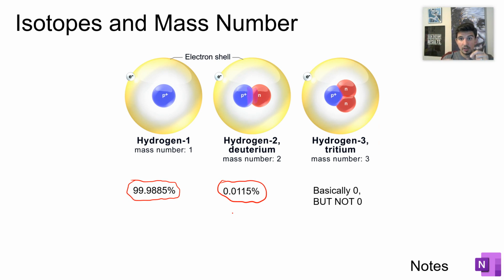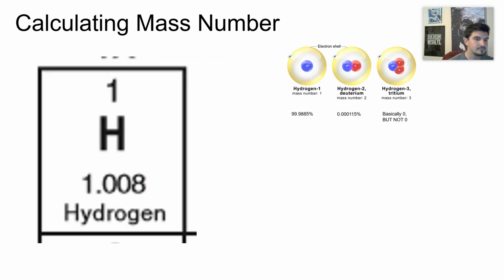So if you could zoom in really close, you'd see that proton, but you'd also see a neutron glued in there as well. Hydrogen 3, there's so little of it that it's basically 0, but it's not actually 0. We do this in science all the time. We say it's basically 0.000000001, but that's close enough to 0 that we just say it's 0. But it's not actually 0, okay?